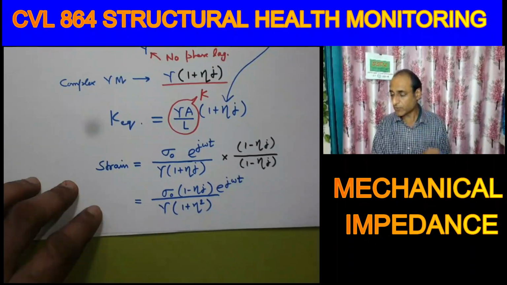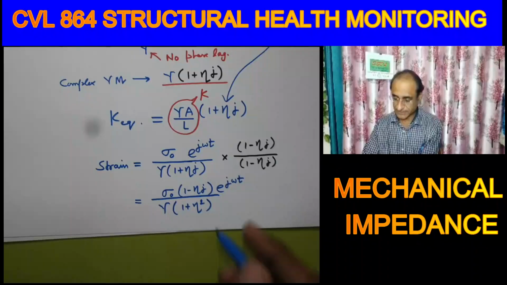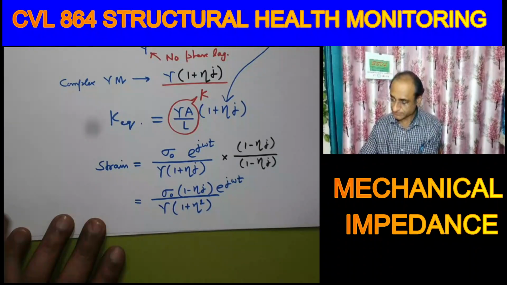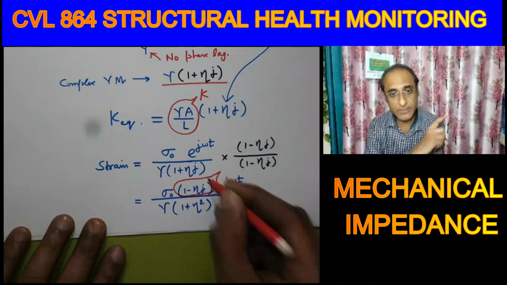So immediately you will find that there is a phase lag. How is there a phase lag? Because in the numerator we have an additional term. So this brings about the phase lag.